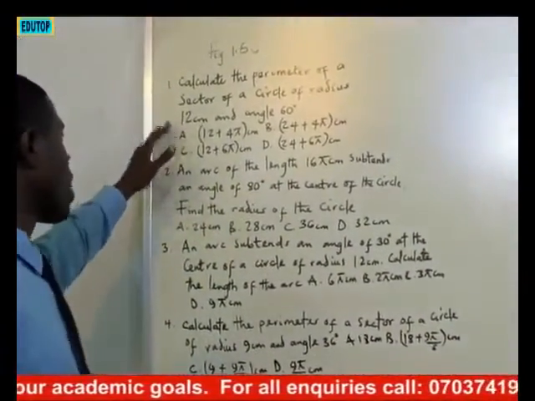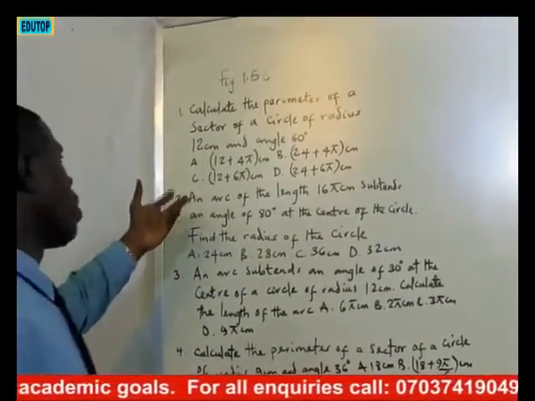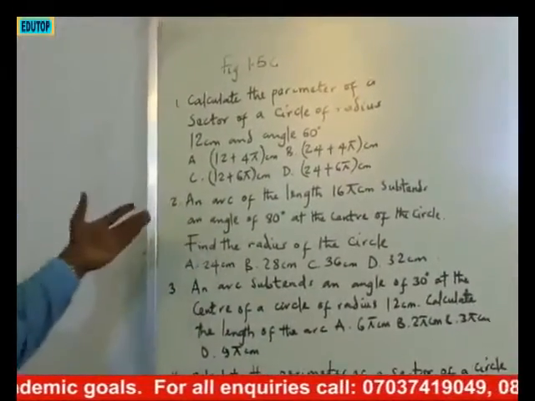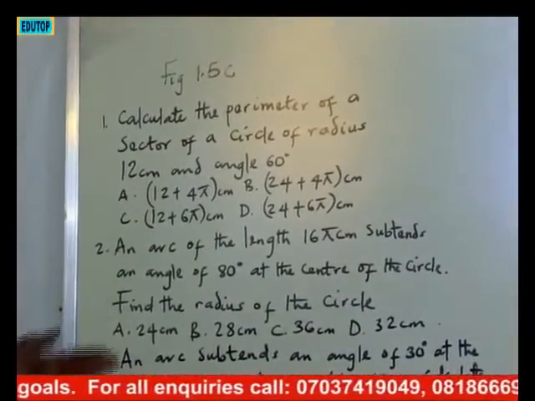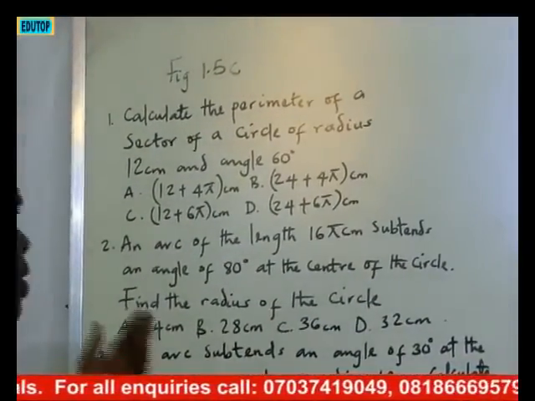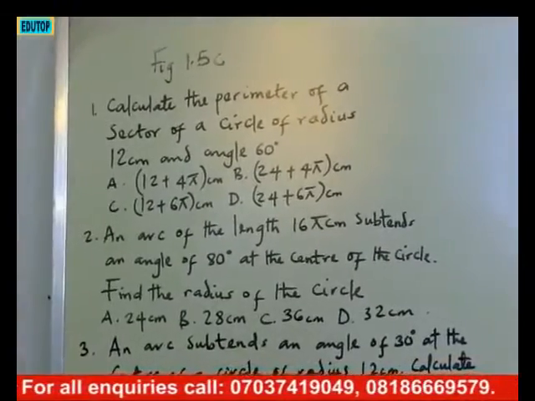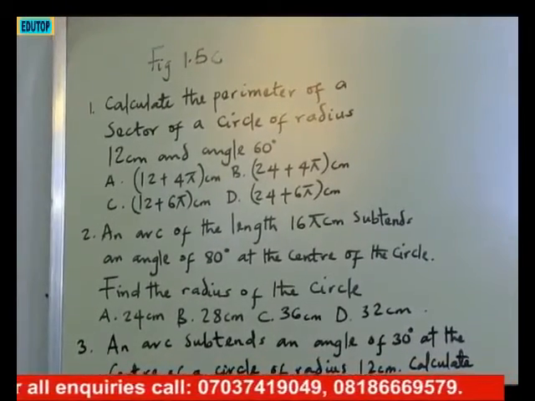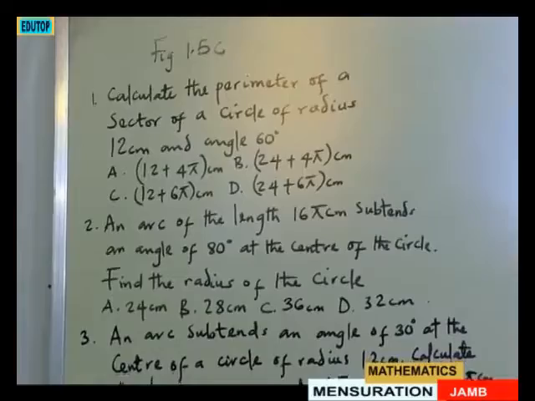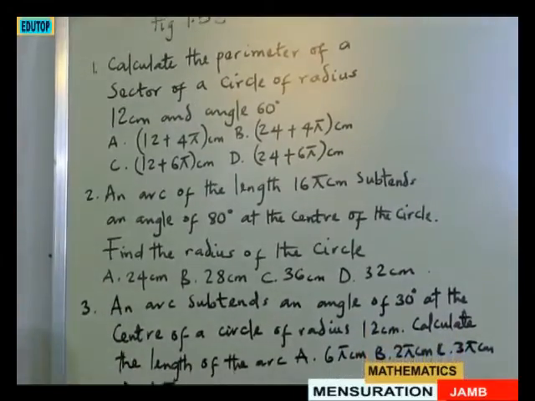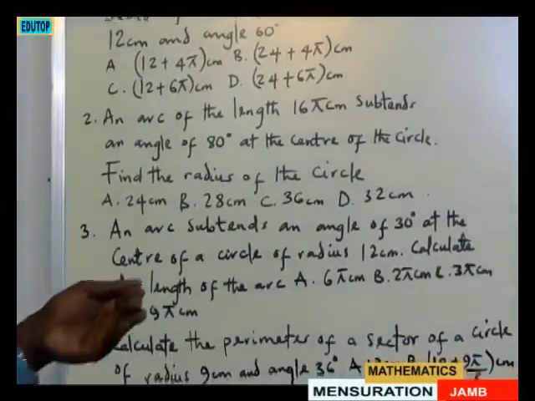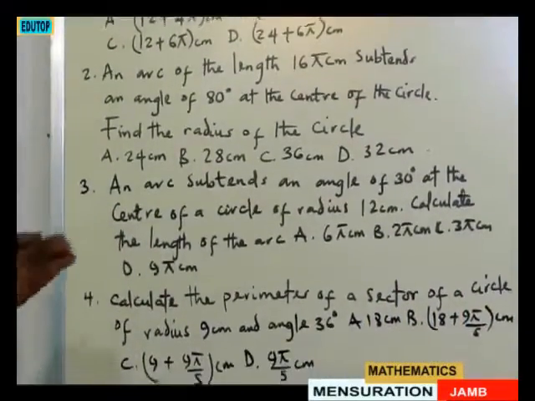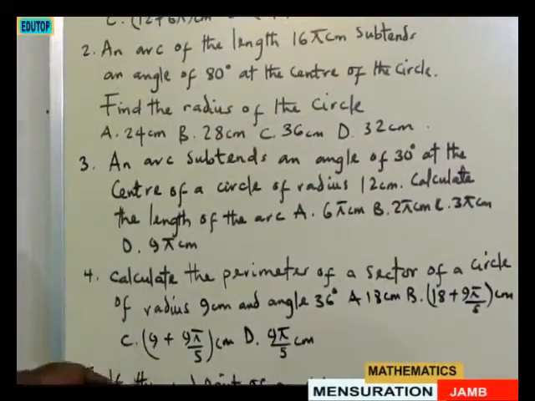If you look at the first question, calculate the perimeter of a sector of a circle of radius 12 centimeters and angle 60 degrees. Also look at the second one. An arc of length 16 pi centimeters subtends an angle of 80 degrees at the center of the circle. Find the radius of the circle. Also, an arc subtends an angle of 30 degrees at the center of a circle of radius 12 centimeters.